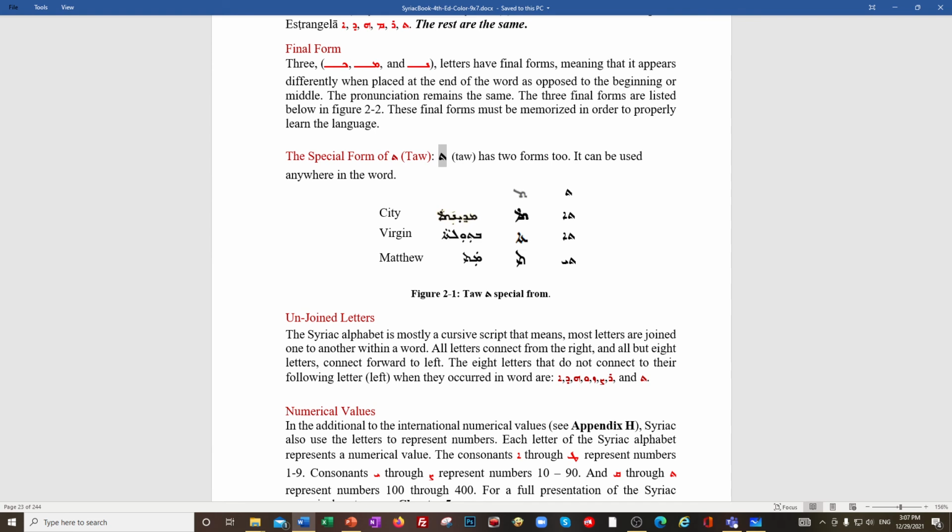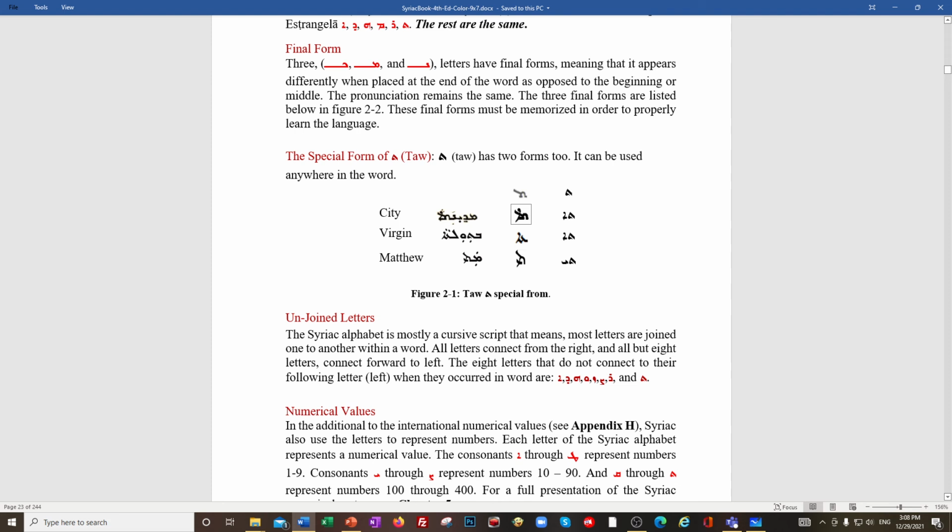Regardless of the position of the letter Tau in a word, you can write either this one, which is the one the book is going to use, the one I highlighted, or this other form of Tau. However, when this new form comes at the end of the word with the letter Alep or Yod, it is going to show like this.